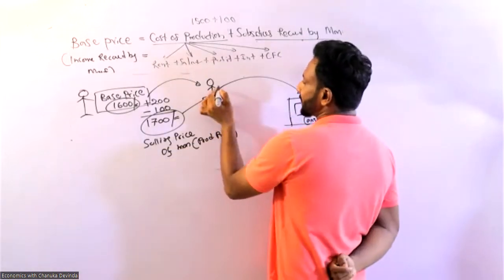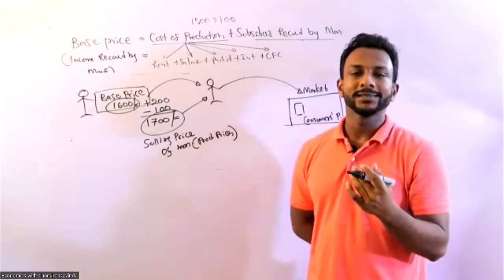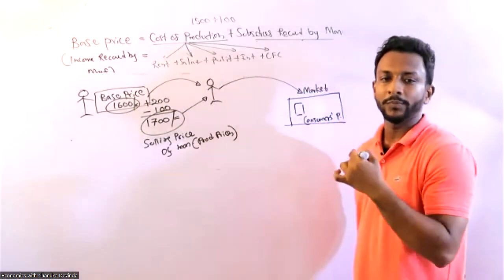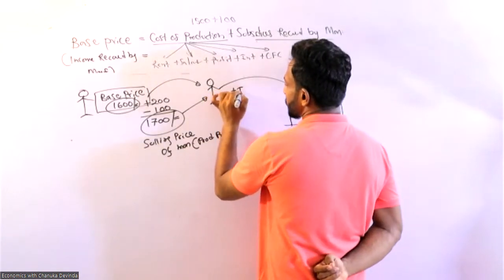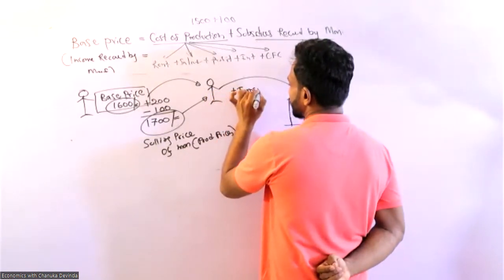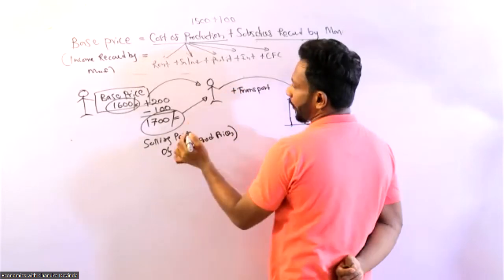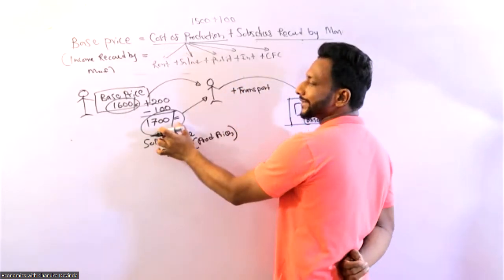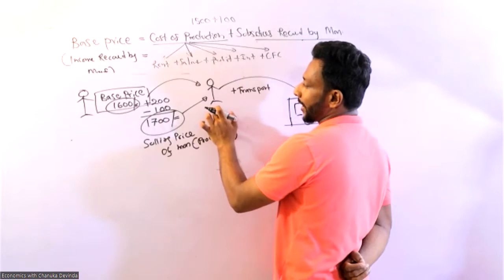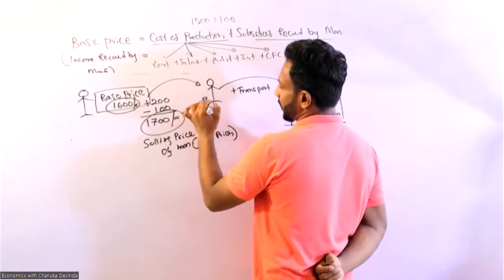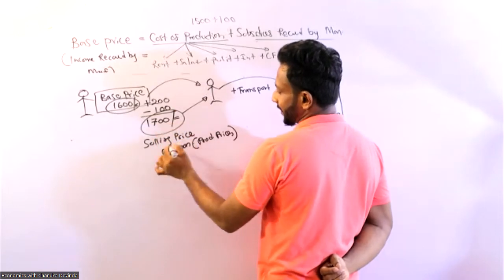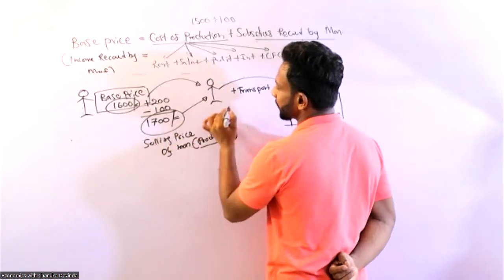So to send them to the market, that wholesaler needs to incur what? Transport cost. Right? Now actually he purchased that at 1,700. So his intermediate cost is 1,700 actually, right? So the cost is equal to the producer price.